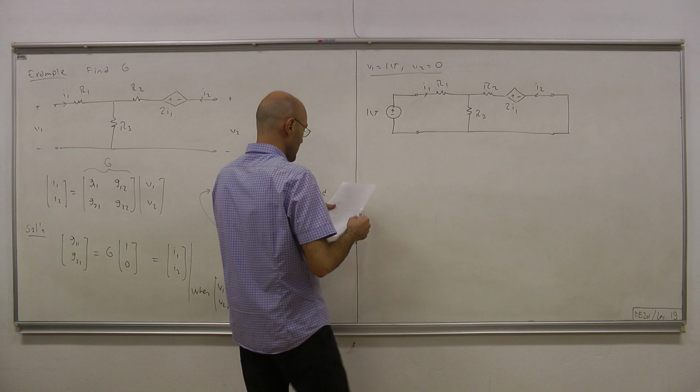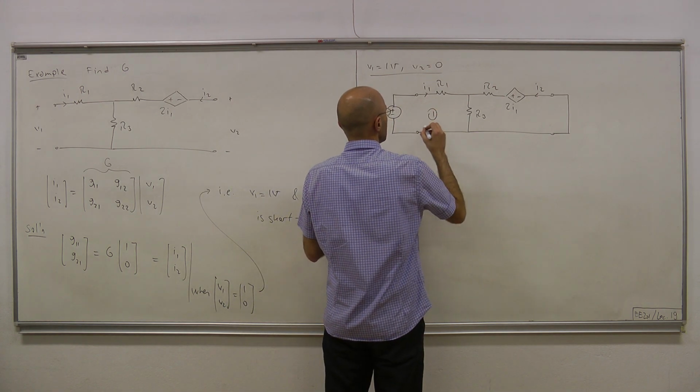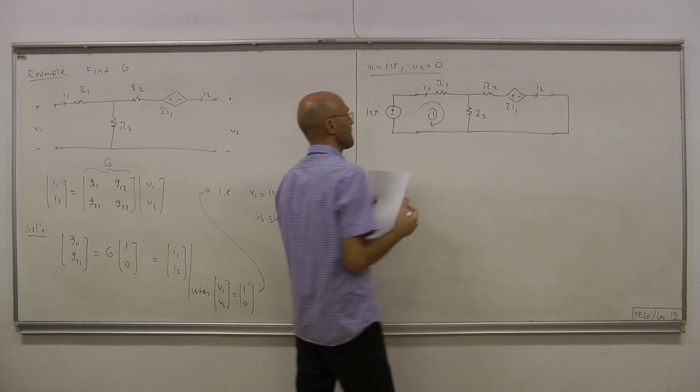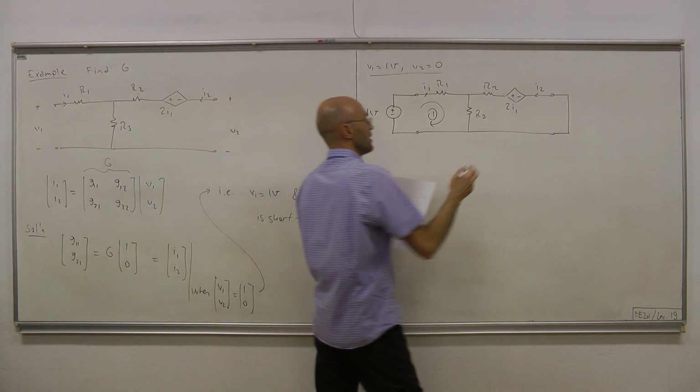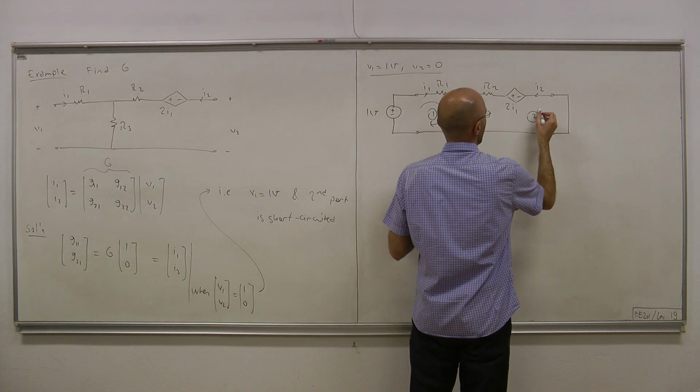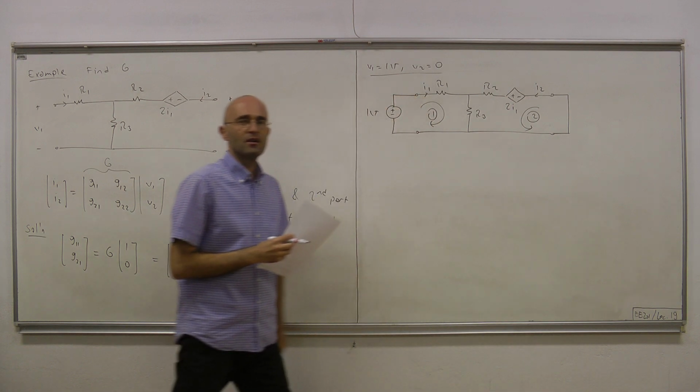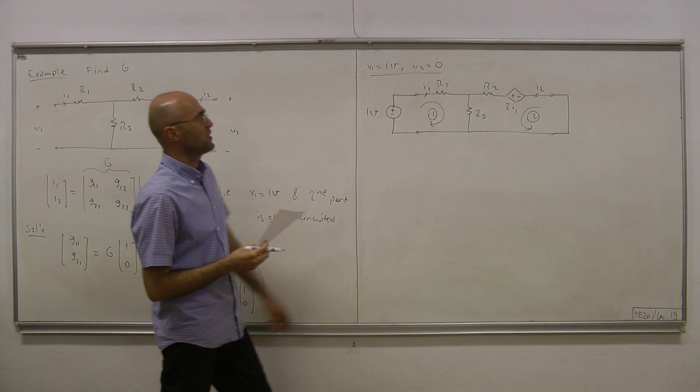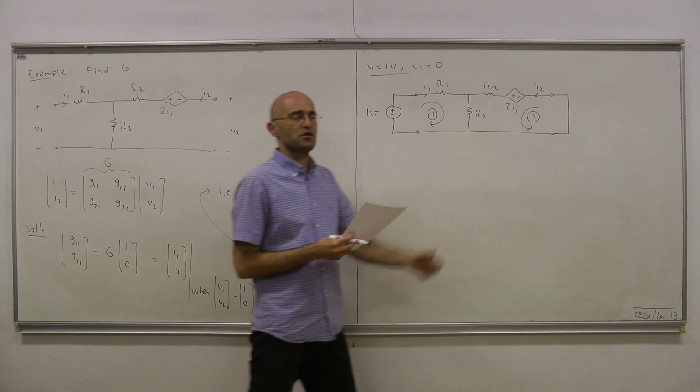So let's do that by writing the mesh equations. Here we have this mesh, and here we have the second mesh, where we choose the direction same as the direction of I2, for simplicity.